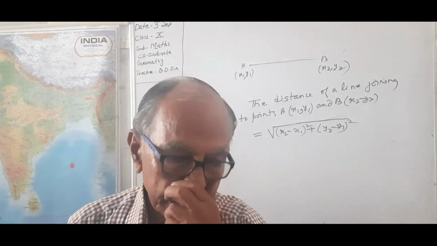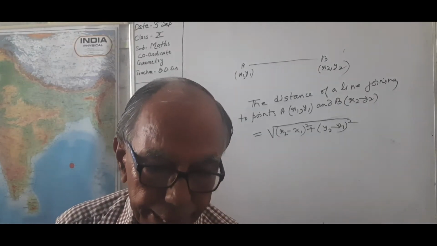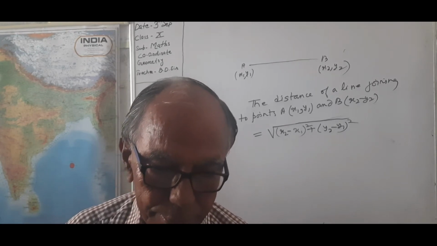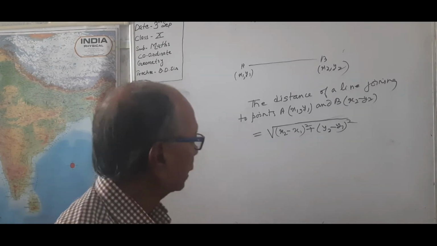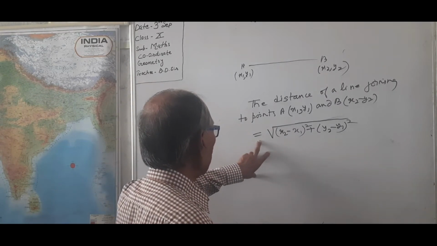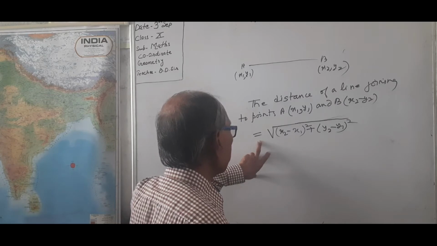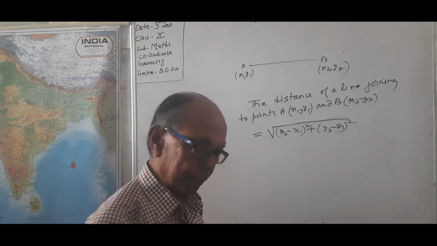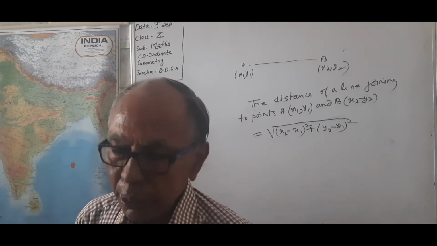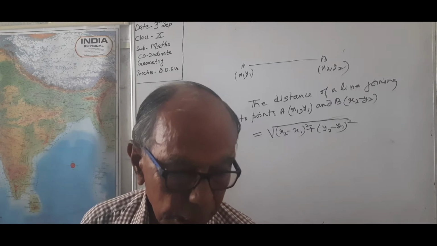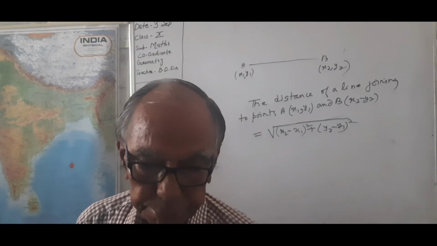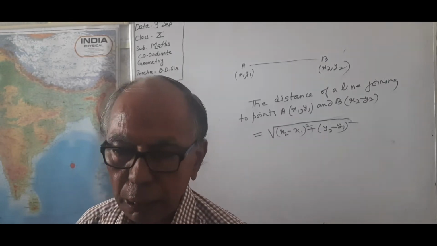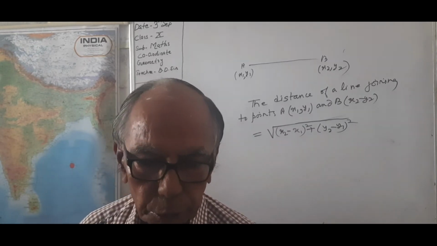If the coordinates are x1 y1 and x2 y2, then the distance formula is equal to under root x2 minus x1 whole square plus y2 minus y1 whole square. We have some numerical mathematics related to this formula, so we shall do also.